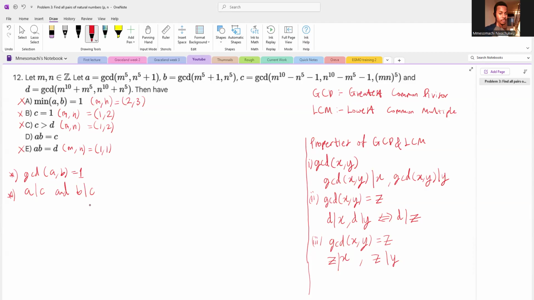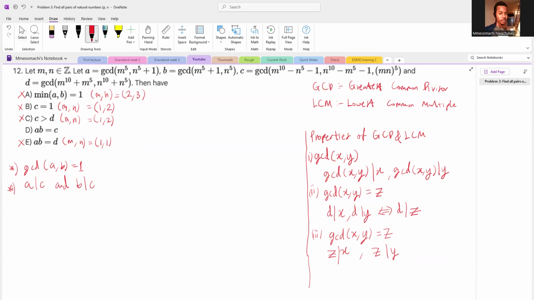Basically this second property can be made for 3 values. Let me scroll down a bit and write it here.